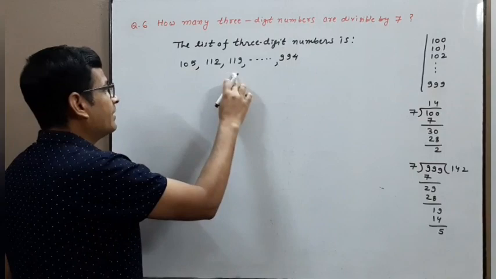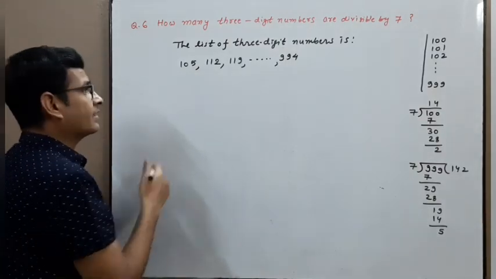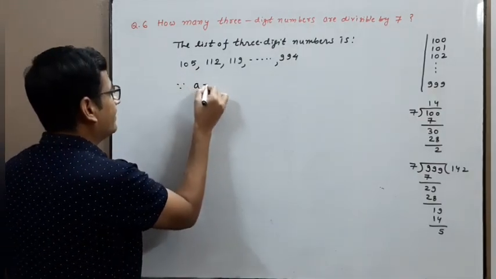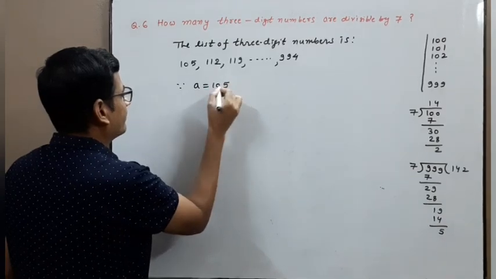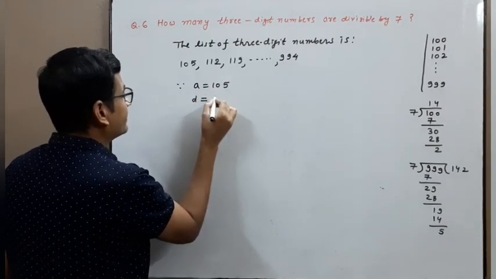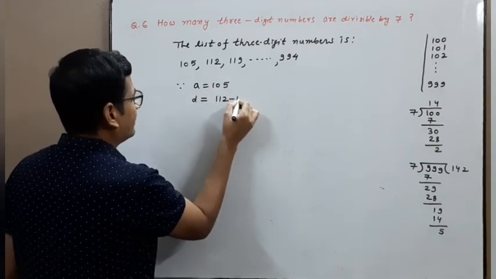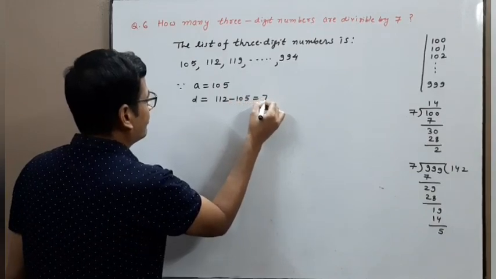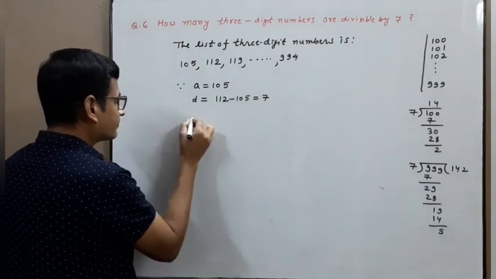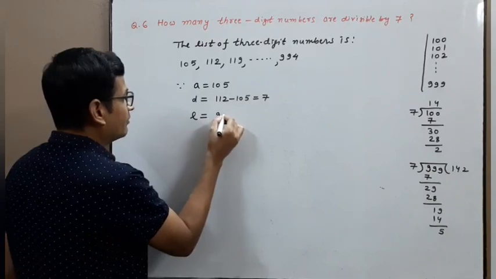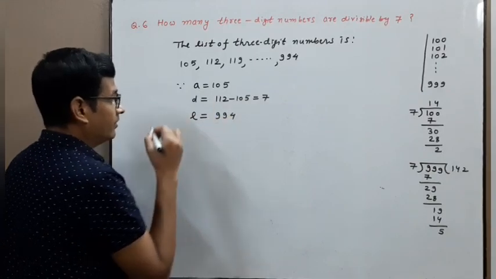Now this is an AP whose common difference is 7, since A is equal to 105, common difference D is equal to 112 minus 105, which is 7. Last term equal to 994.